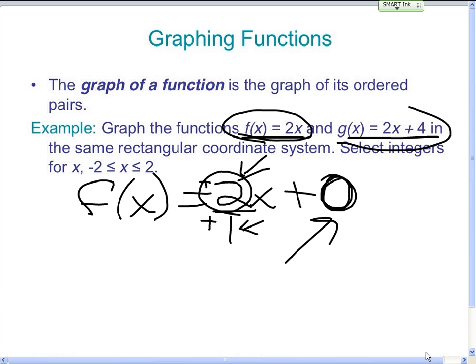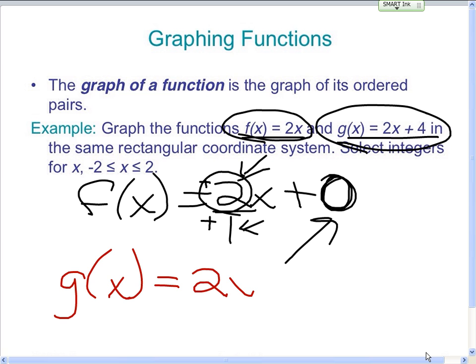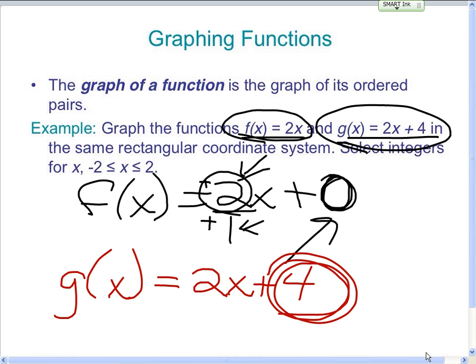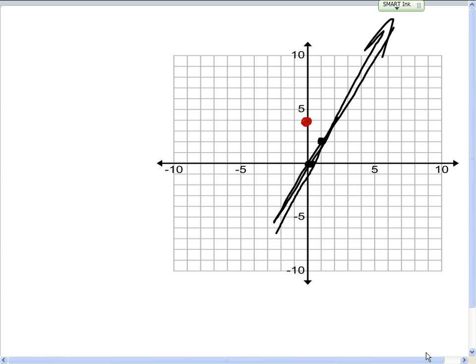Let's do the g function in the same way. Let's pick a different color. My g of x is equal to 2x plus 4. So on the y-axis, I'm going to put a point at 4, which is right here. My slope again is 2 over 1, so from this point 4, I'm going to go up 2 and to the right 1, and connect the dots.